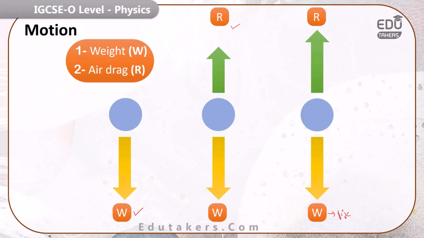So a moment comes when the air resistance becomes so large that it approaches the weight. Then the air resistance becomes equal to the weight. At that moment, the net force acting on that object would be equal to 0. When the net force is 0, acceleration would be 0, so the speed would be constant. In this case, the object gets the terminal velocity.